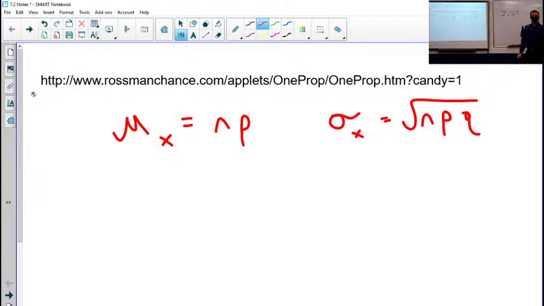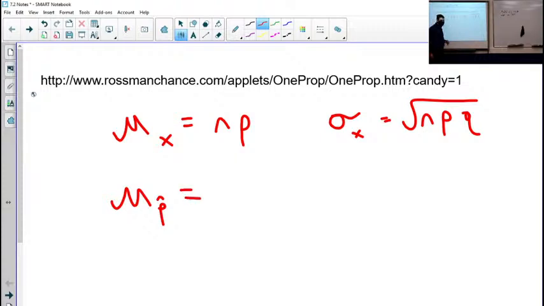If we're getting a sampling distribution of proportions, I want to know the mean of the distribution for p hat of all the different samples I could take.